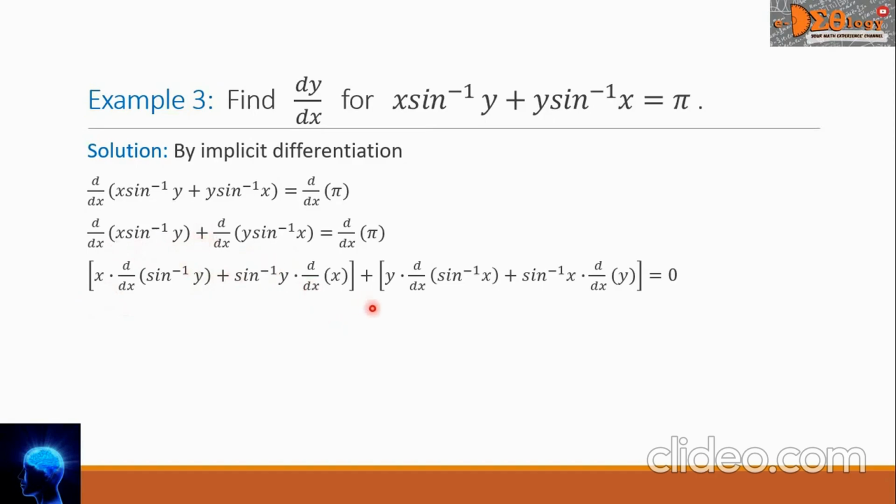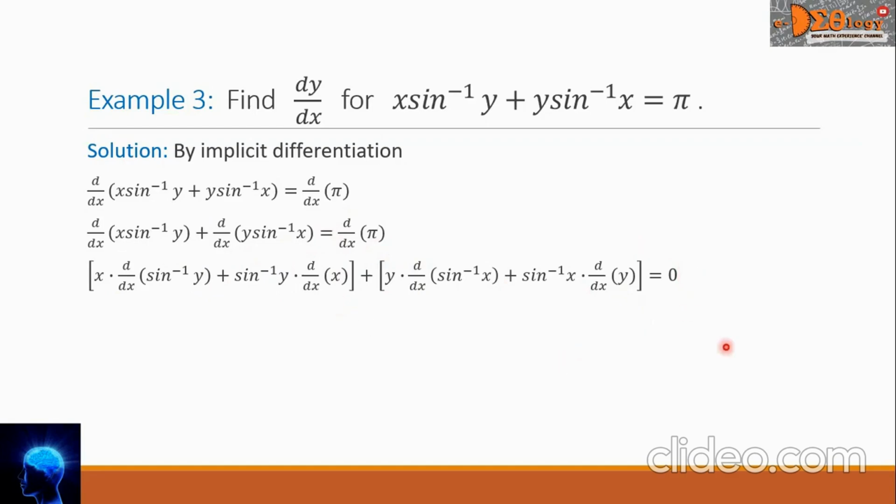Then plus, we take the derivative of the second group here, we copy the y times derivative of sine inverse x, plus we copy that second function times the derivative of the first function, equals the derivative of the right side, which is pi, and we know that pi is a constant. So derivative of a constant is 0.